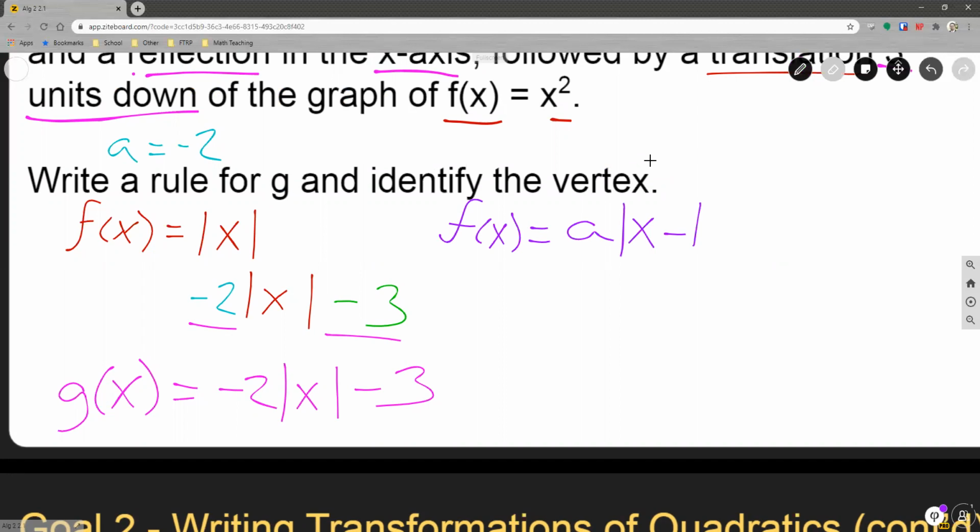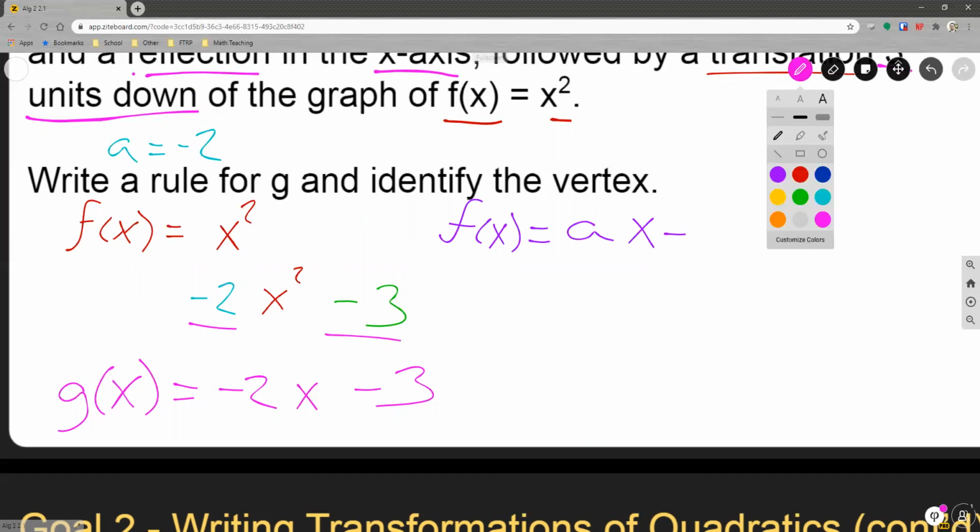I did not mean to do absolute value. I'm still stuck in chapter 1, guys. If this were class, somebody probably would have caught me. Let me fix that really quick. My function was x squared.